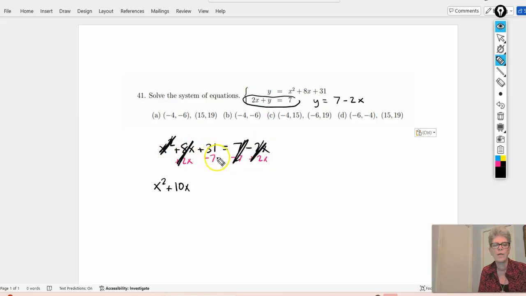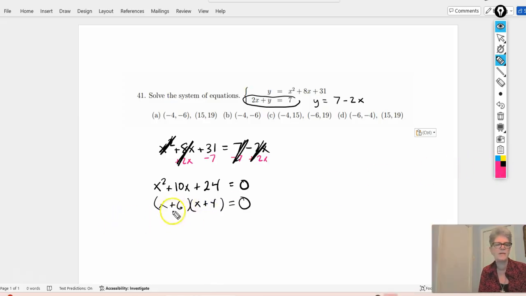And 31 minus 7 should be 24. Now you can either use the quadratic formula to solve that for x, or you can just factor it. When it's x squared, I try and factor it. Two numbers that multiply together to give you 24, but at the same time add up to give you 10. And yeah, 6 and 4.